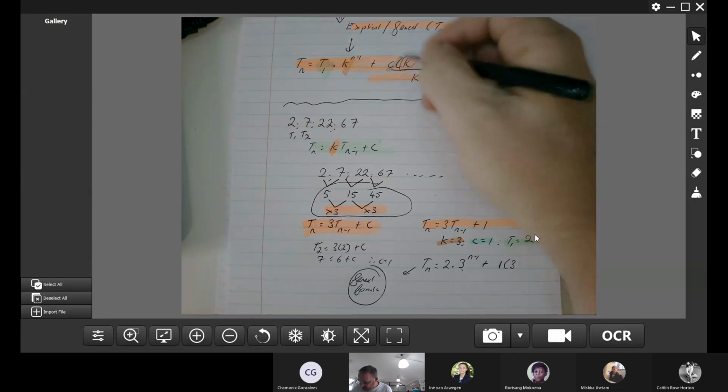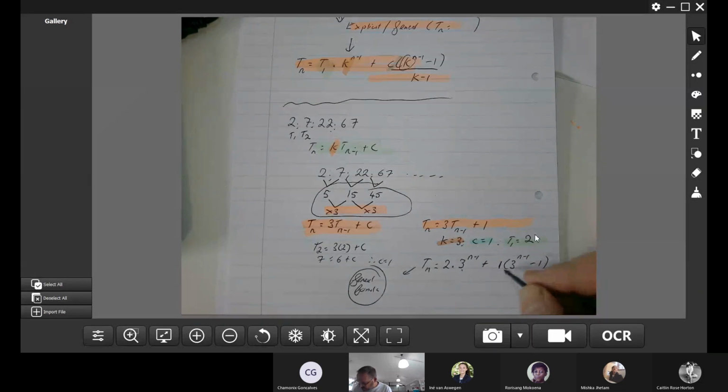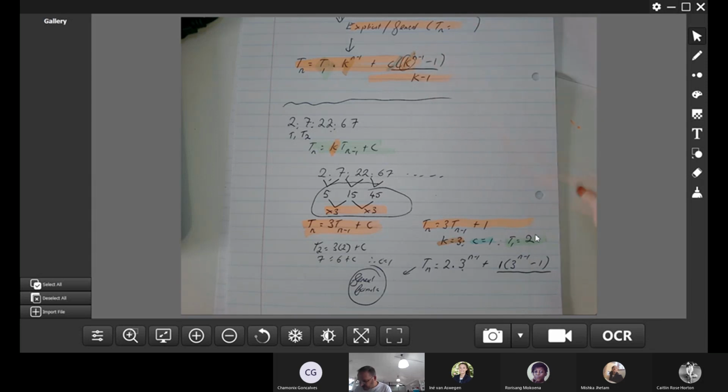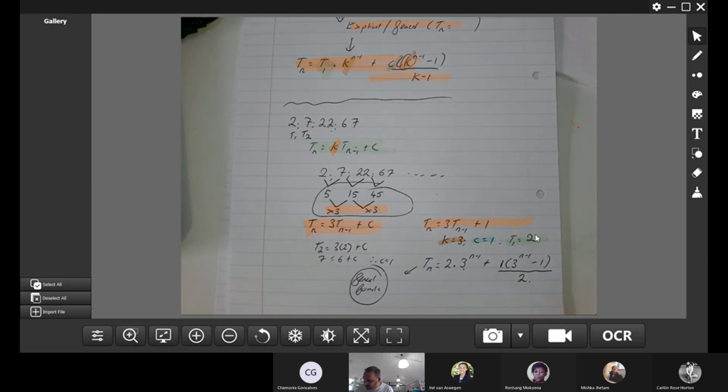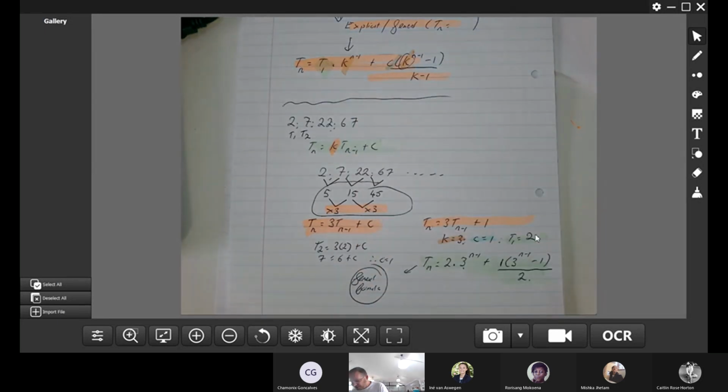There's k over there, to the n minus 1, minus 1, over, this was k again, all over k minus 1, so all over 3 minus 1, which is 2. So if they ask you for a general formula, you'd have to find k, c, and T1, and then you'd plug it in, and they'll always give you this formula over here. You don't have to know that. So that would be your general formula, guys.